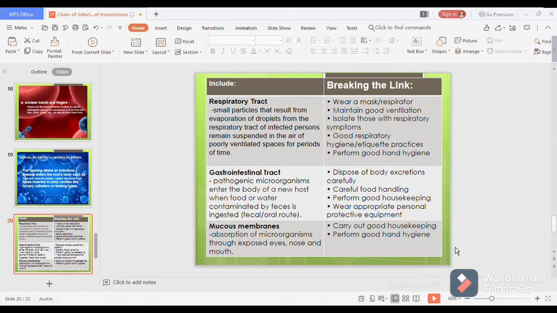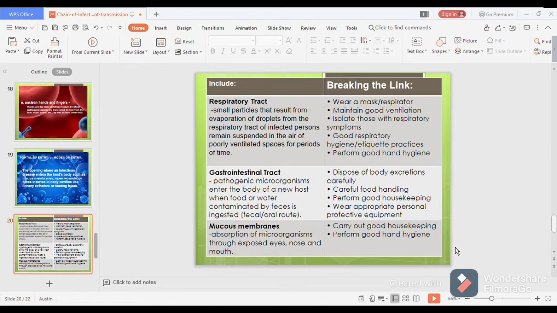So, breaking the link to avoid this is wear a mask or respirator, maintain good ventilation, isolate those people with respiratory symptoms, good respiratory hygiene etiquette practices, or perform good hand hygiene. So these are the things that we use to avoid these diseases.